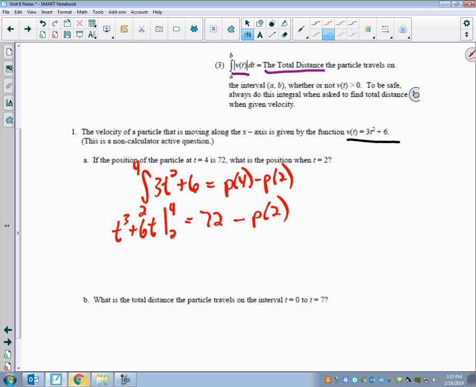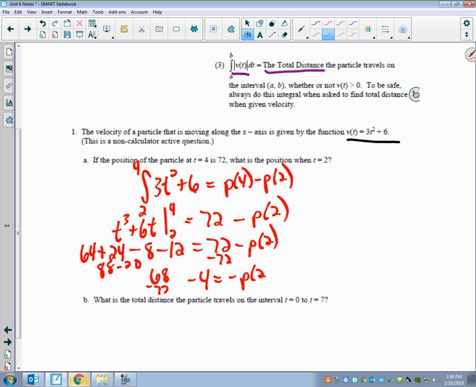So t to the third is 64 plus 24, minus 2 to the third is 8 minus 12. And so I would get 88 minus 20, which is 68. And then if I subtract 72 over, that's going to be negative 4 equals negative p of 2, or p of 2 equals 4.